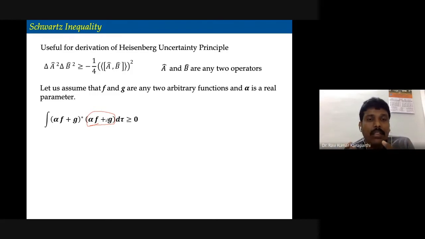Now, let us take the complex conjugate of that function, multiply it, and integrate it over the entire space.